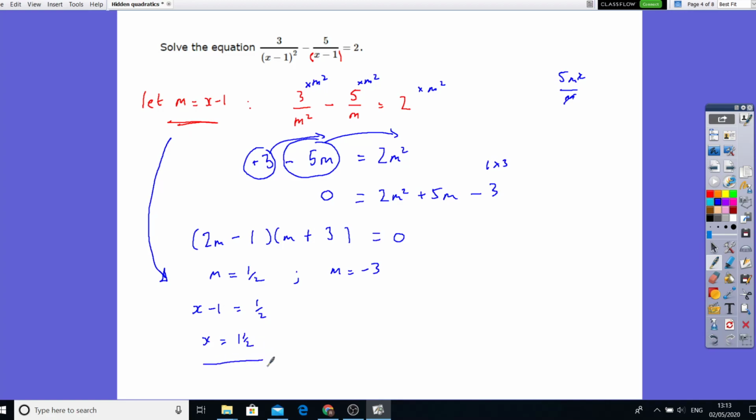Okay, so x can equal 1 and a half. Or put that back in here, so put the x in, so x minus 1 is going to equal minus 3, and minus 3, take it to the other side, becomes a plus 3, so x equals minus 3 plus 1, which is minus 2. And there we go, job done.